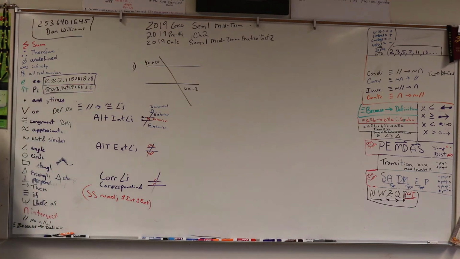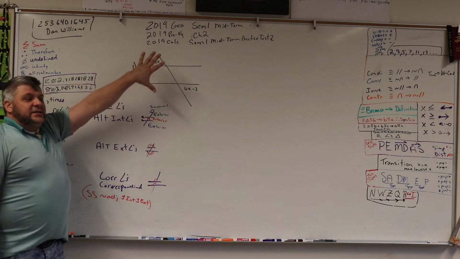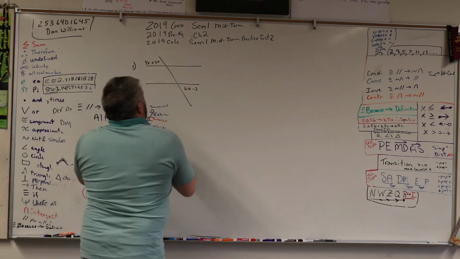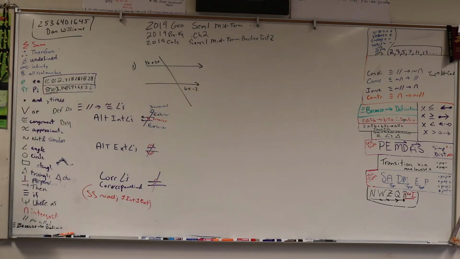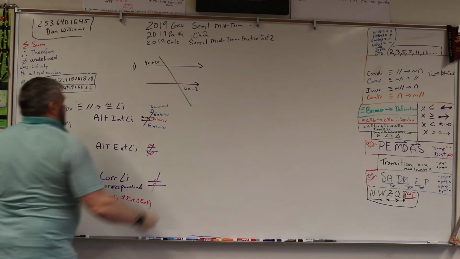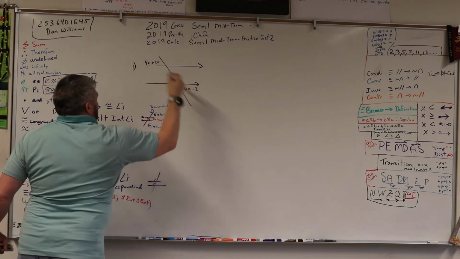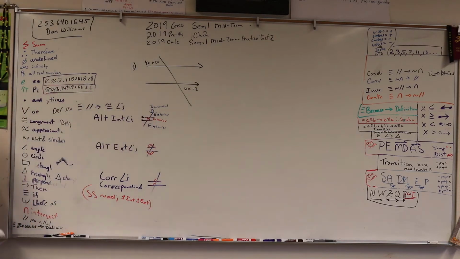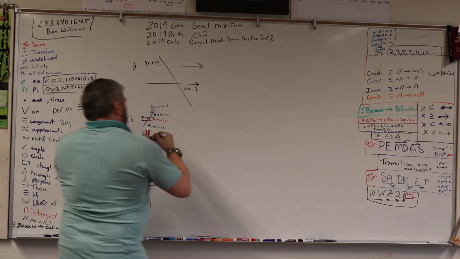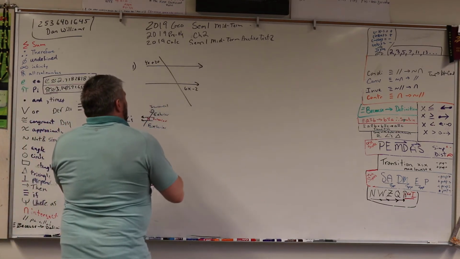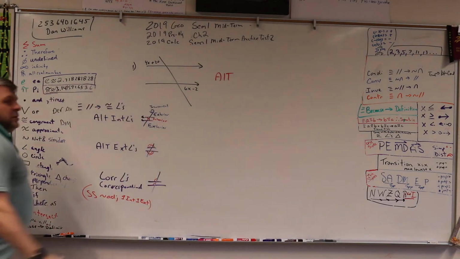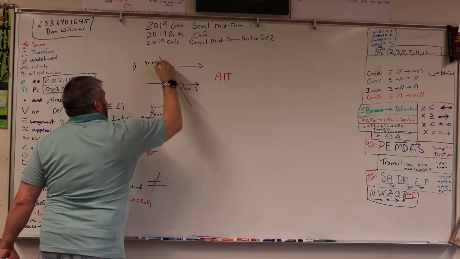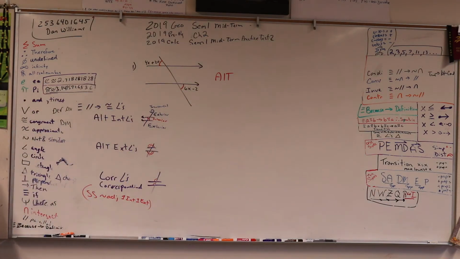First of all, if these are parallel, which they are, they're going to have this little arrow on them. Second, are these alternating? Are they on either side of the transversal? Yes, so we know right away they're alternating. Now, are they interior?